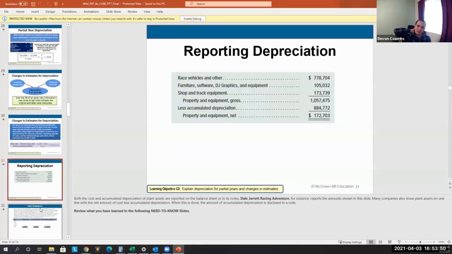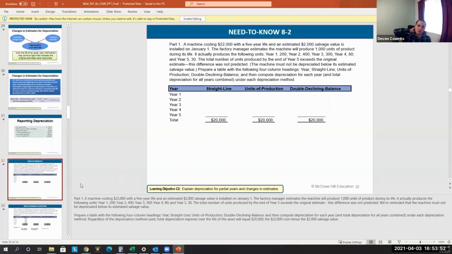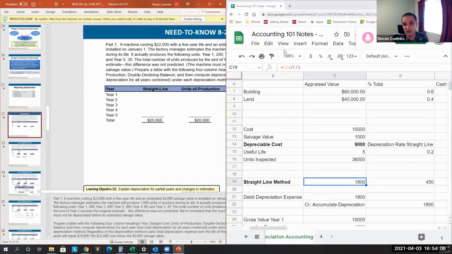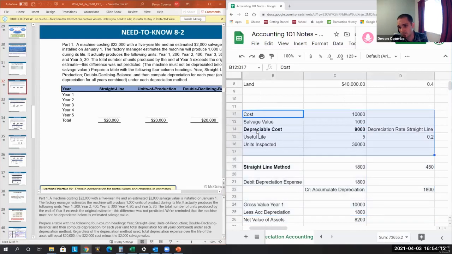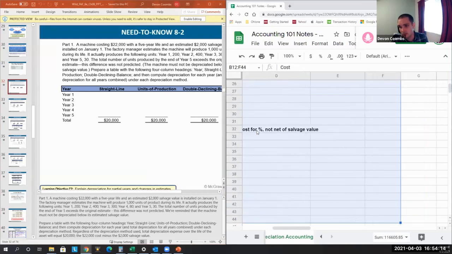And then this is a reporting. So let's go over some questions real quick. This is more similar to what you'll get on your homework quizzes and whatnot. So let's say there's a machine that costs $22,000 with a 5-year estimated useful life and $2,000 salvage value. So we can just copy all this again, right? We just copy this down, copy paste it.